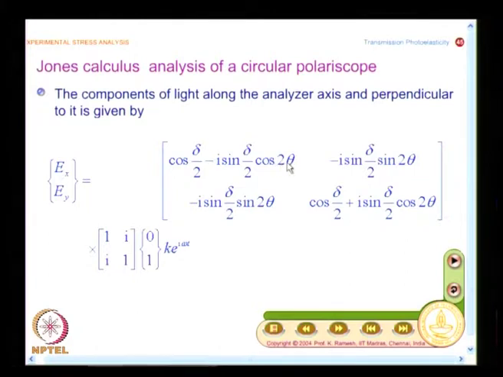Now, after the model, I have the second quarter wave plate, and for the second quarter wave plate you will have to find out that matrix. You take a minute, it is very similar to what you have got as the first quarter wave plate. Instead of 135 degrees, you are going to put it as 45 degrees. What is the change it makes in the quarter wave plate matrix?